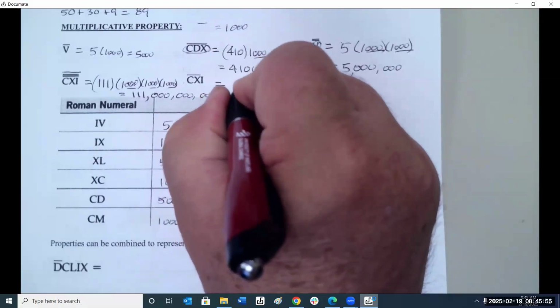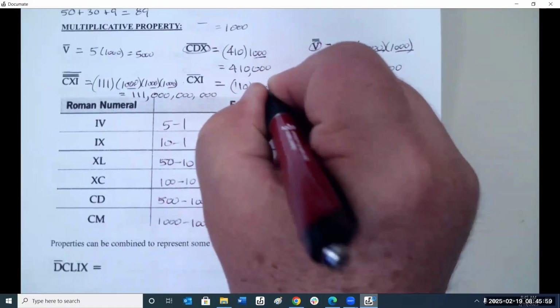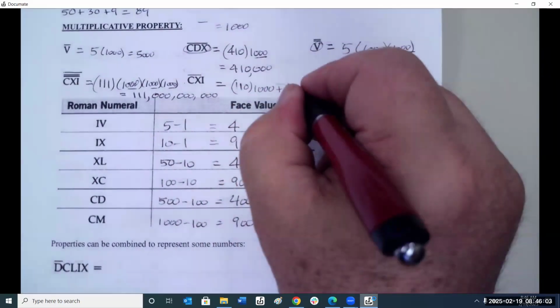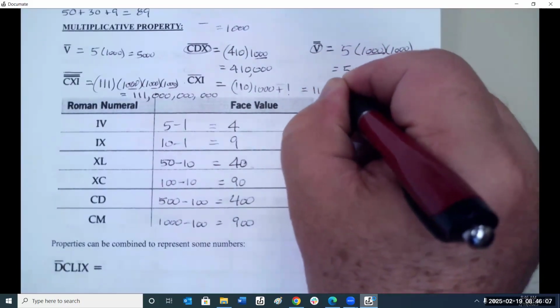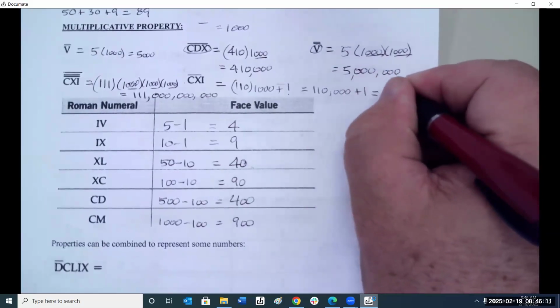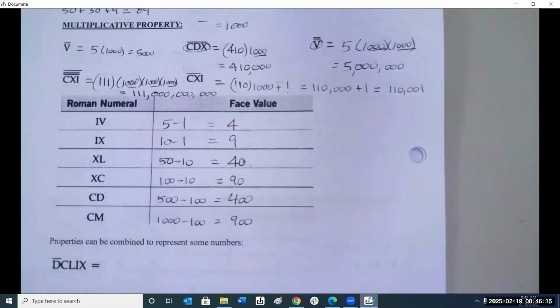So it's 110 times 1,000 plus 1. So it's 110 with 3 zeros behind it, plus 1, 110,001. That would be that number.